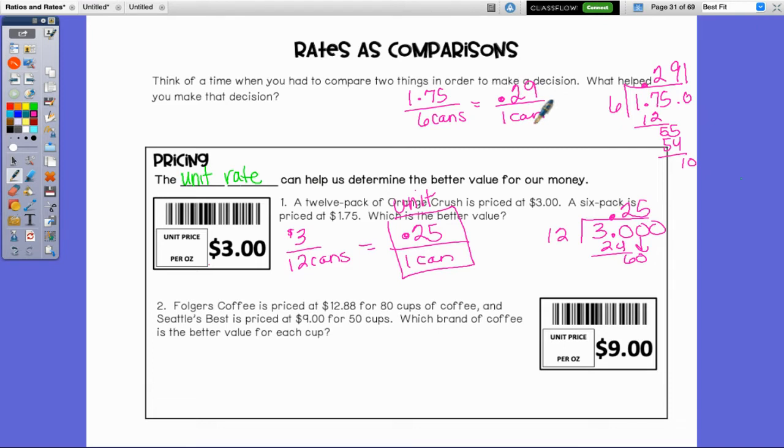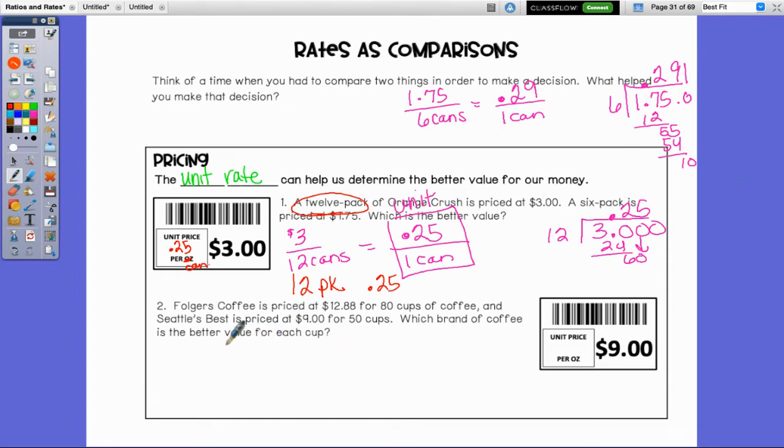So it's going to be about 29 cents per can. So which one is less expensive? Well, I hope you all went the 12-pack. The 12-pack is 25 cents a can. So 25 cents per can, not ounce, would give us the price for the 12-pack. So it is cheaper.